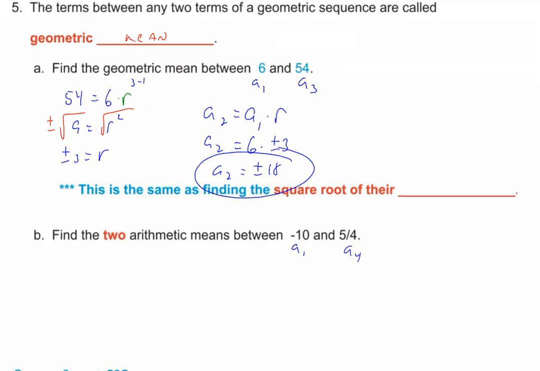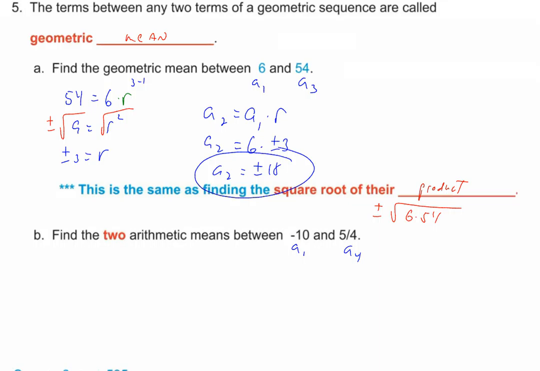And again, we just don't know. A little interesting thought. This is the same as finding the square root of their product. If you did plus or minus the square root of 6 times 54, you would get plus or minus 18.